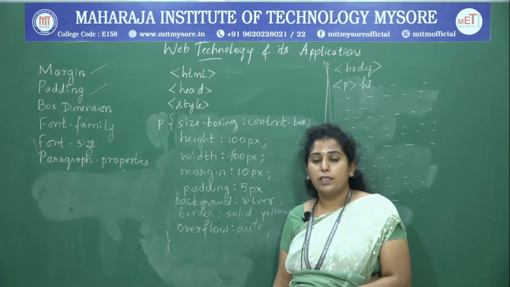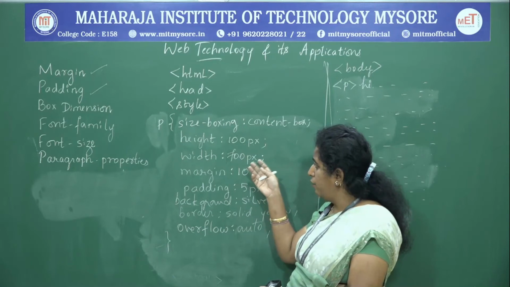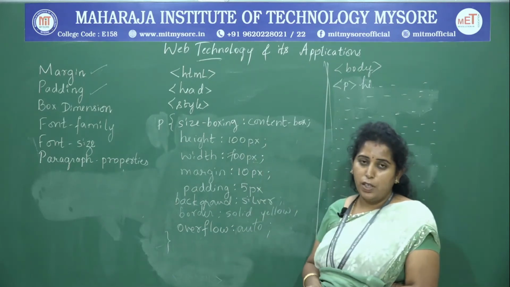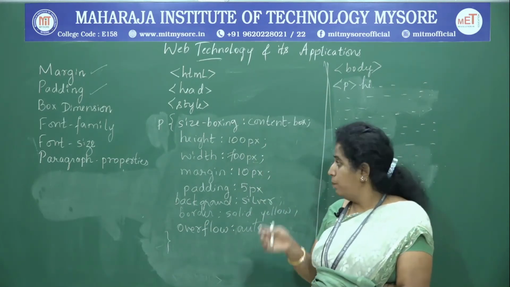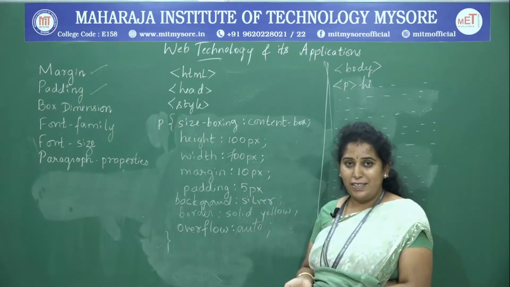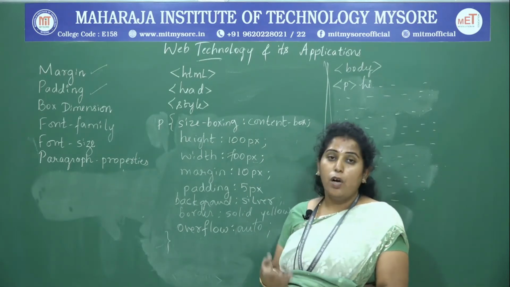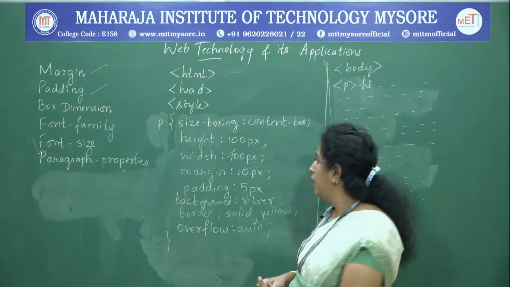Next, you have given the height and width in terms of pixel. So let us change the values to percentage. If I give the height and width in percentage, what difference can you notice? Let us see.